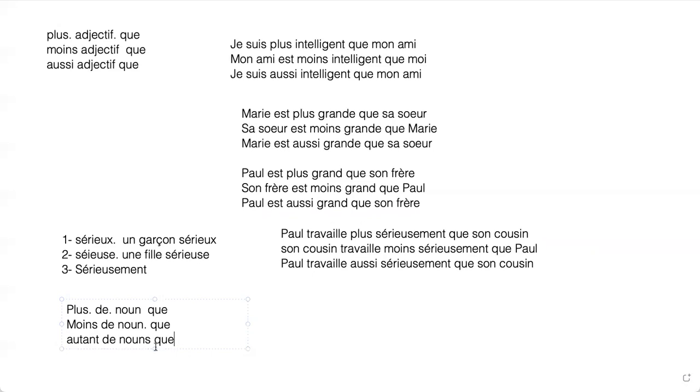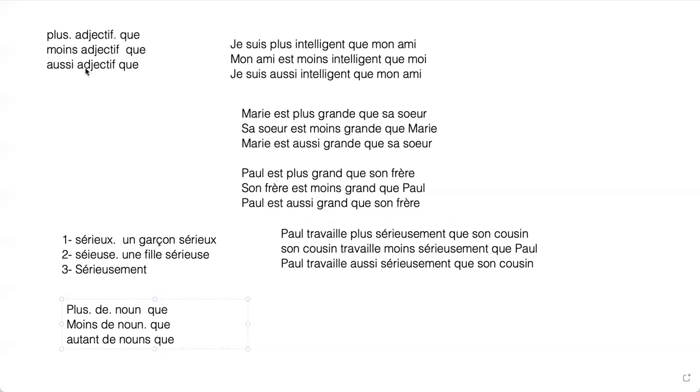So I want just to insist on the difference between the adjectives and the noun here. So you have plus adjective que, but if you want to compare the noun, you need to add the preposition de plus noun, and after that que.